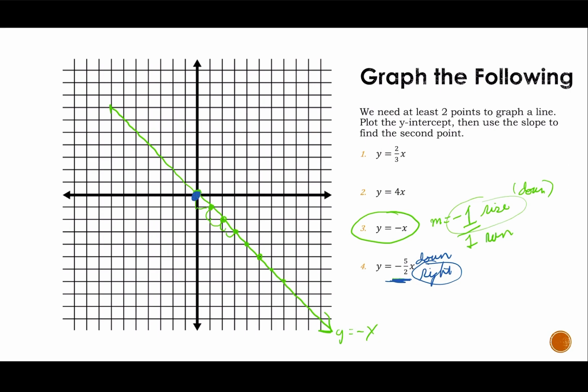I go down 5, 1, 2, 3, 4, 5, and then over 2. I could do this again. You kind of start to notice a little pattern, but this is our line. This is the line y equals negative 5/2 x. So see, because its slope is greater in the negative direction, it goes downhill more quickly, at a steeper rate.